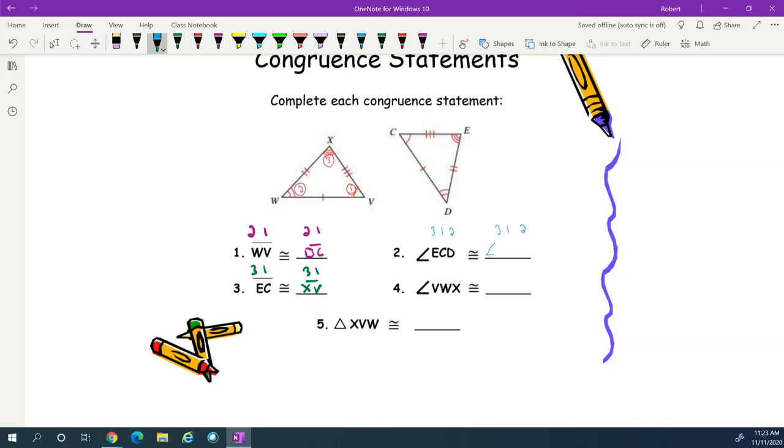So we're comparing angles. 3 is an X, 1 is a V, and 2 is at W. And then finally, we can do our last one, VWX. VWX went 1, 2, 3, so we're going to match that with 1, 2, 3. C, D, E.